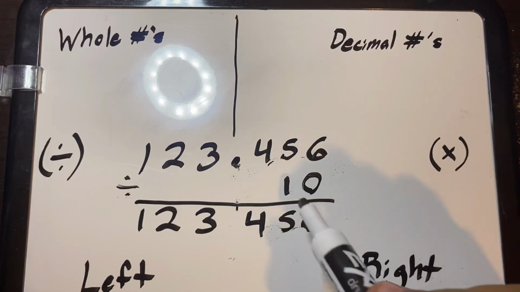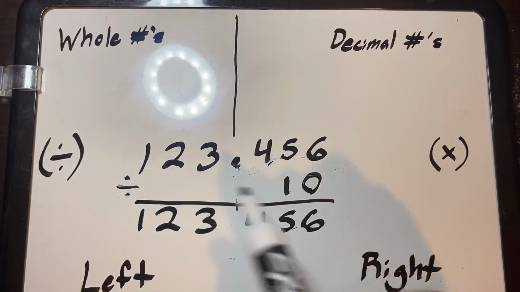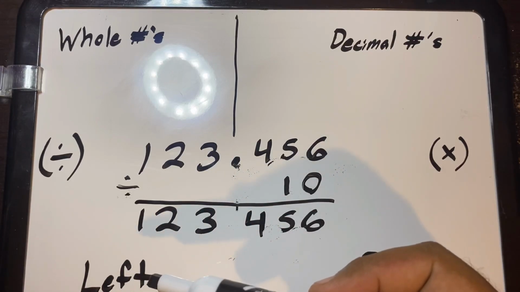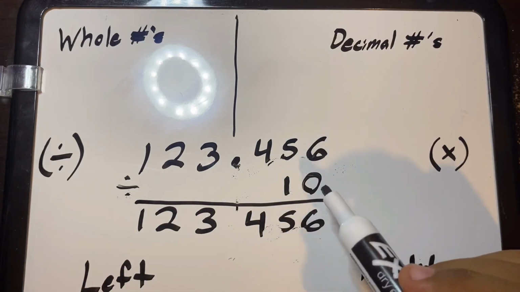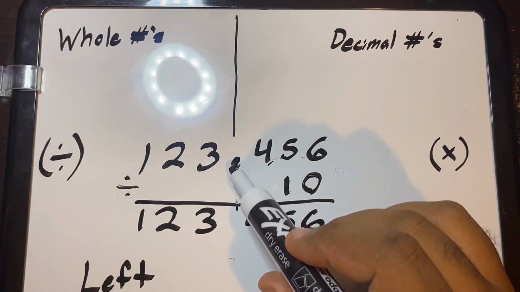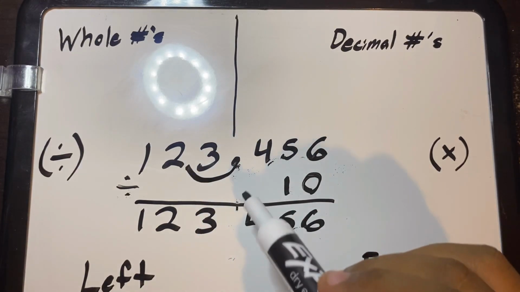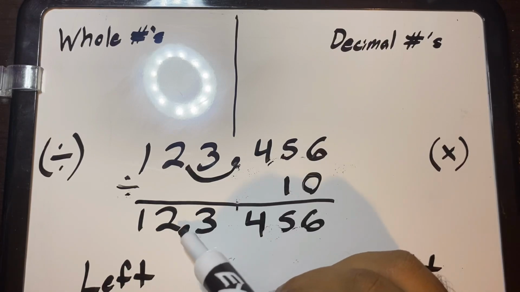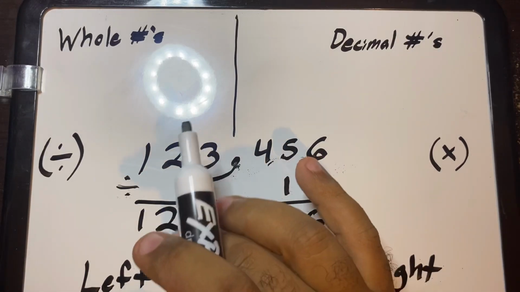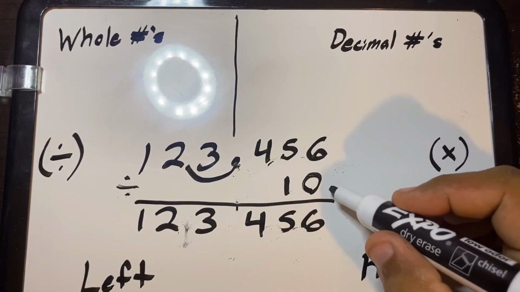Well, because it is divided by 10, the decimal point is going to move to the left. There's only 1 zero here, so we're going to move it 1 time to the left. So our answer is going to be 12.3456.